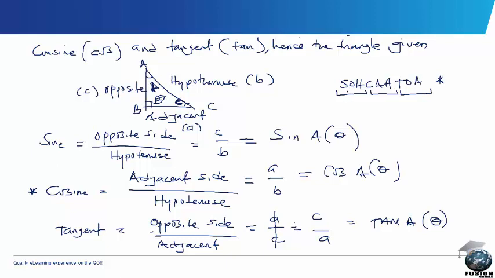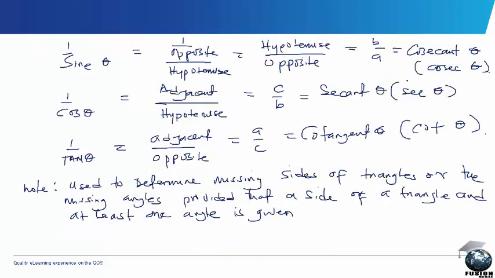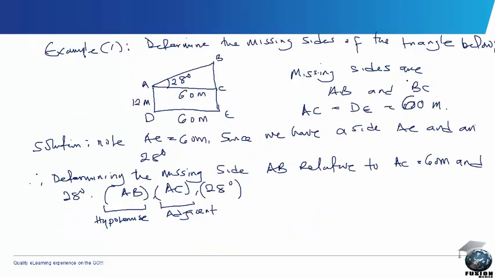SOH means sine, opposite over hypotenuse, CAH means cos, adjacent over hypotenuse, and TOA means tan, opposite over adjacent. I think it's simpler to remember this way than the other one.